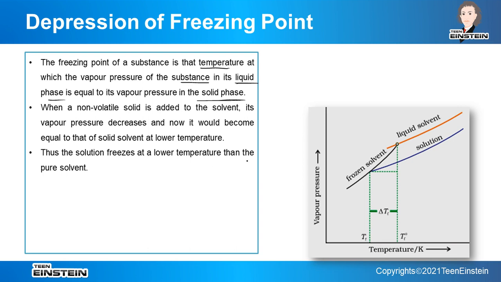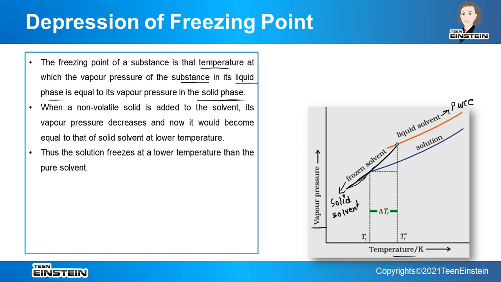Here in the graph, we have taken vapor pressure on the y-axis and temperature in Kelvin on the x-axis. This is frozen solvent, that means solid solvent. This is the line for vapor pressure of frozen solvent, the black line. And for liquid, this is the pure solvent. Solvent can remain in two states: liquid solvent, and as you decrease temperature, solid solvent, that is frozen solvent.